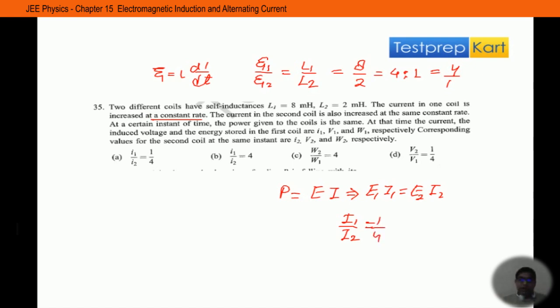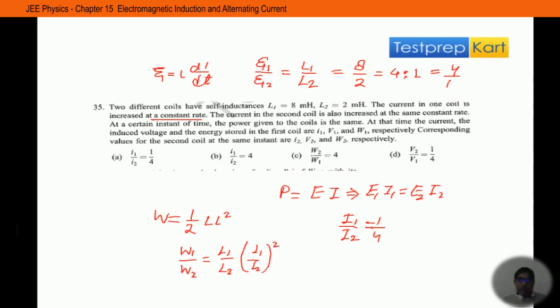Next, about W. It is the energy stored, not power. So energy stored is half L i square. If we take the ratio W1 upon W2, that is the energy in the first coil to the energy in the second coil, 1 by 2 and 1 by 2 will cancel out. We get L1 over L2 into I1 over I2 whole square.